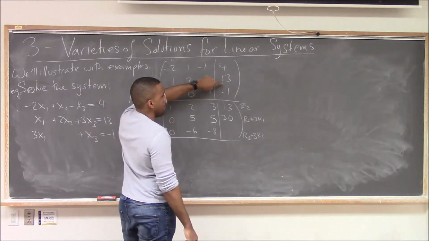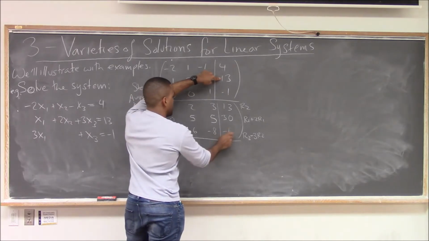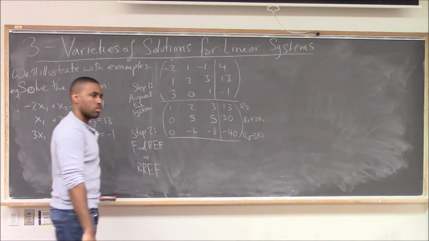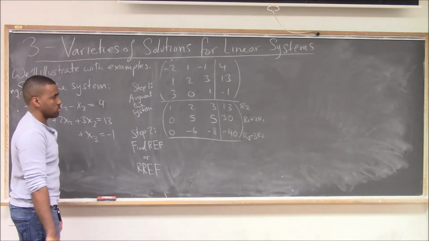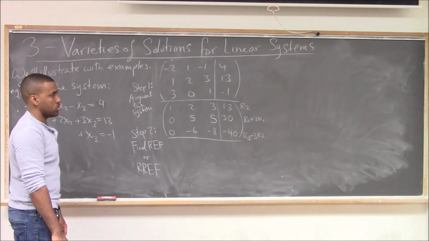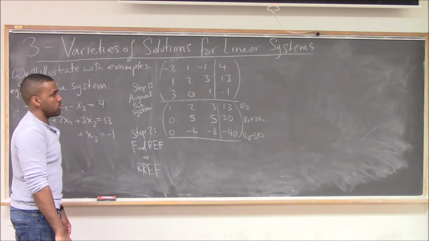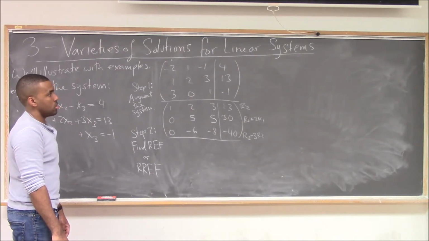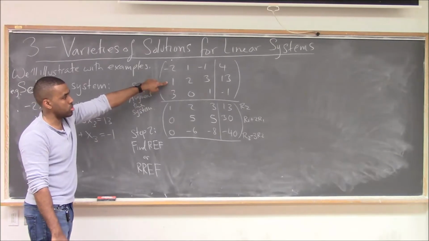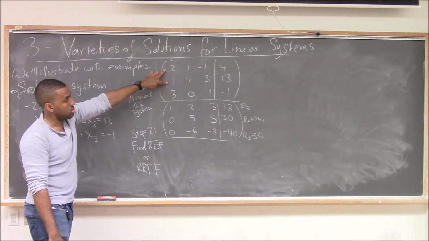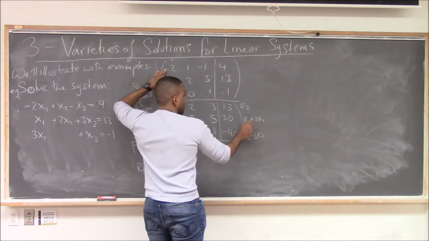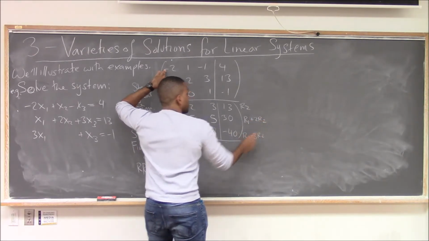Minus 1 minus 39, minus 40. For the second one, isn't it R2 plus R1? 2 times this plus that. So, yeah, this is row 2 plus 2 row 1.